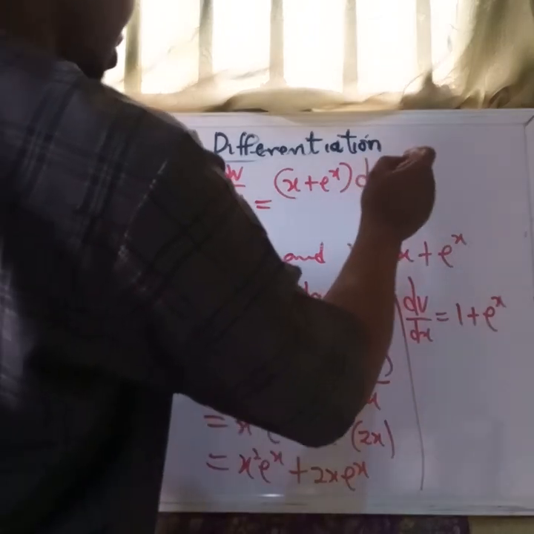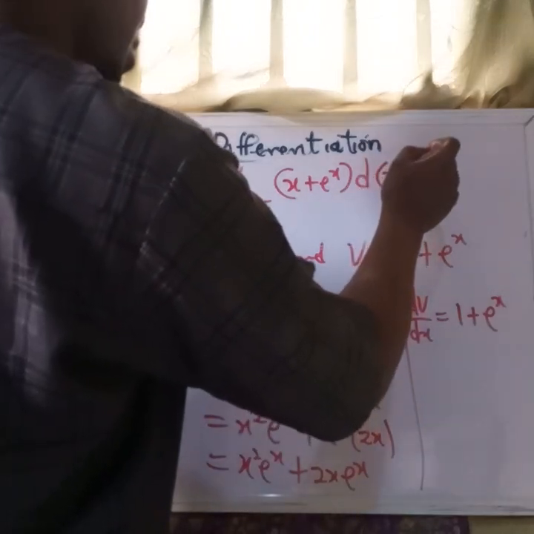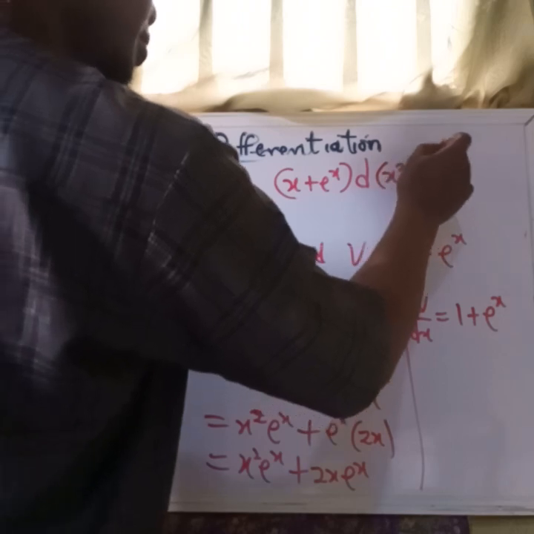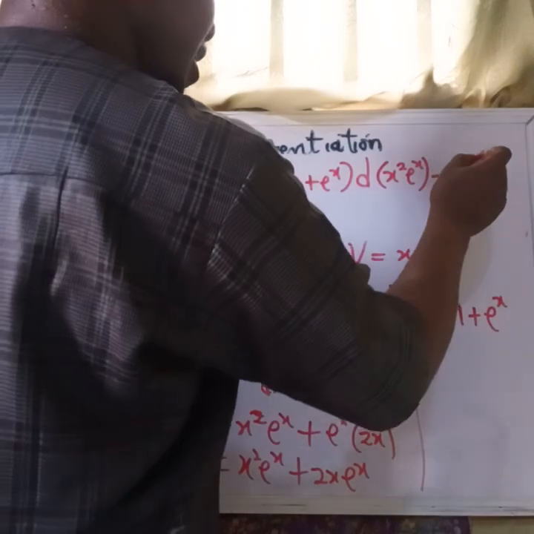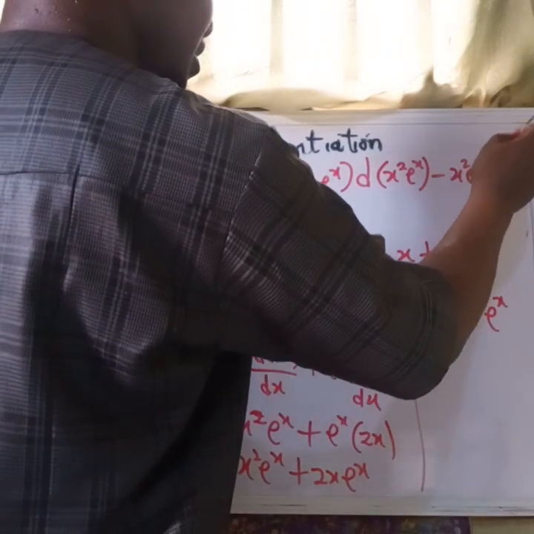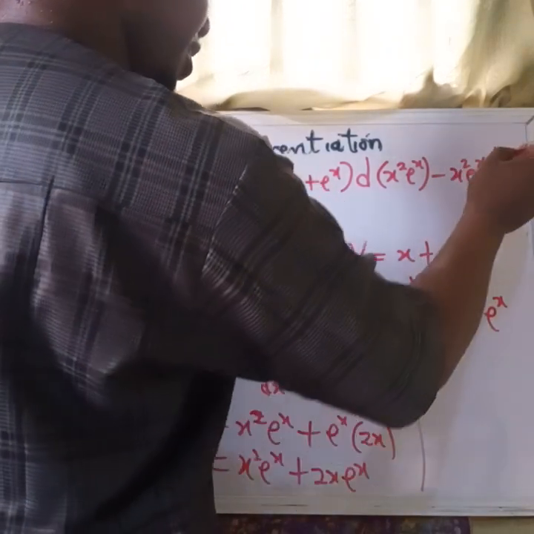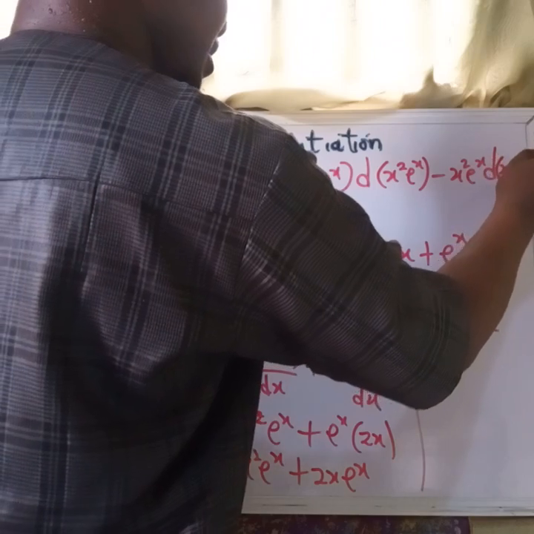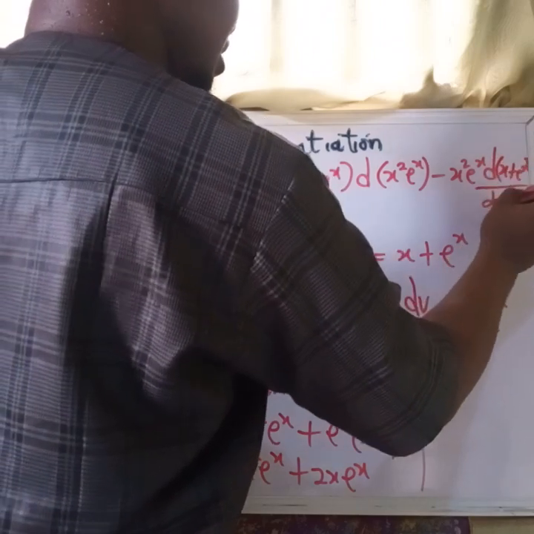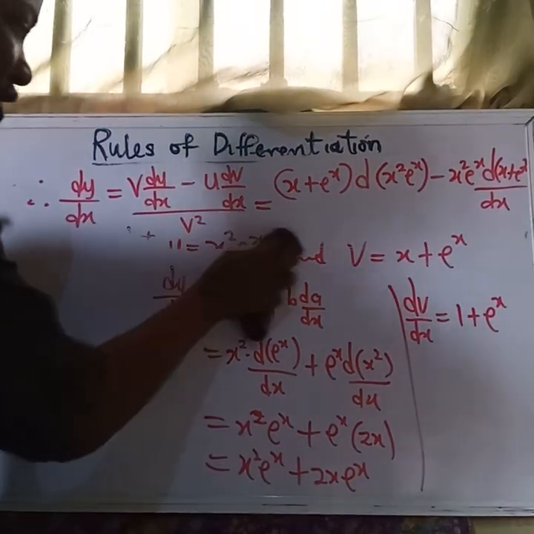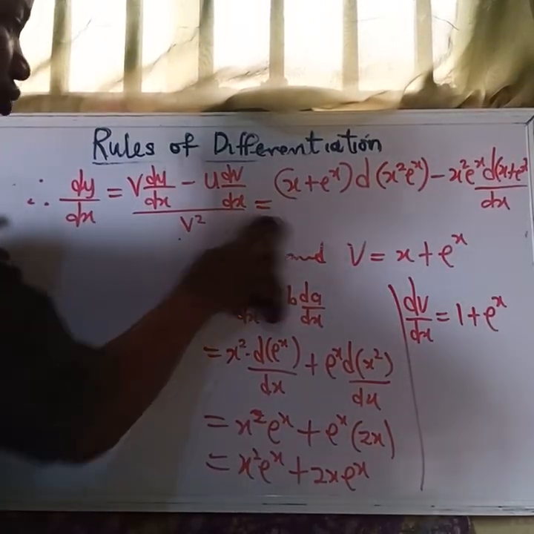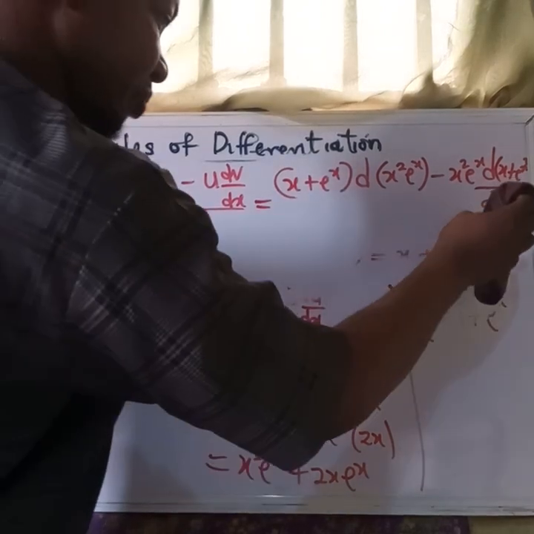But let's substitute the term so that we'll know what we are substituting for. Minus u, which is x squared exponential x, times d of v, which is x plus exponential x, over dx. So let us move this now to have a clearer view of what is happening here.